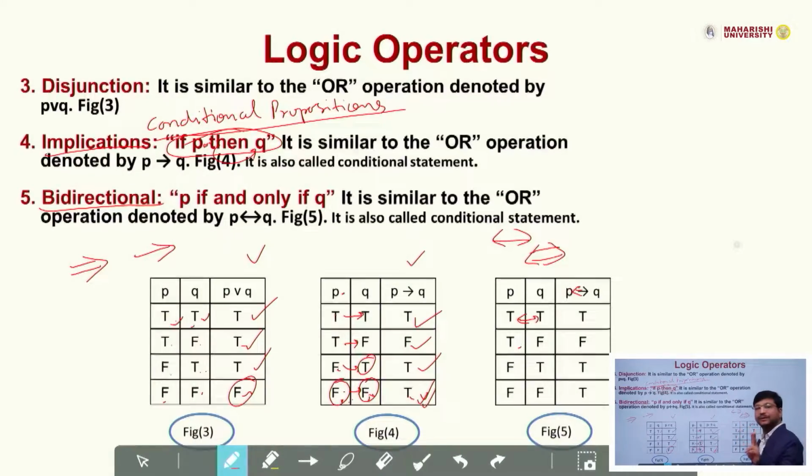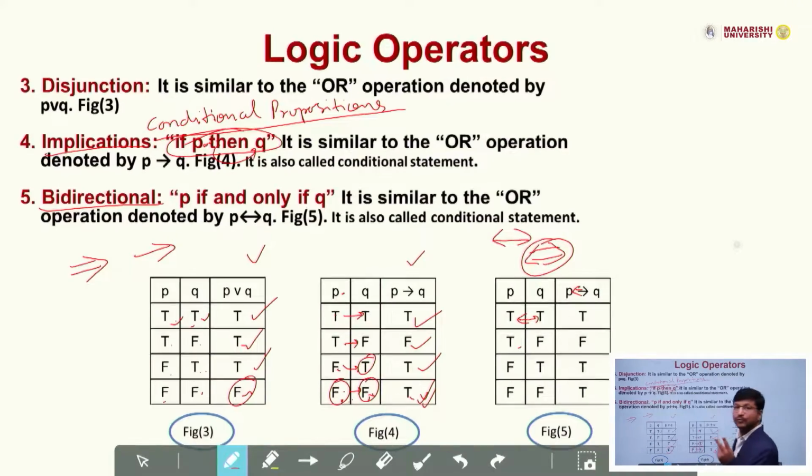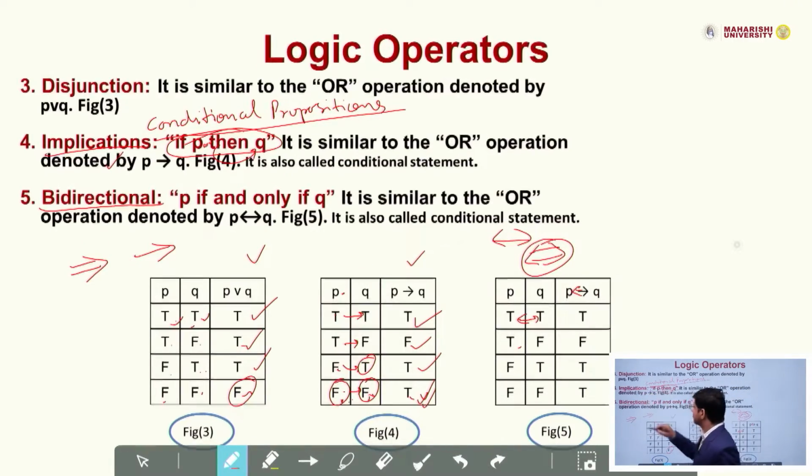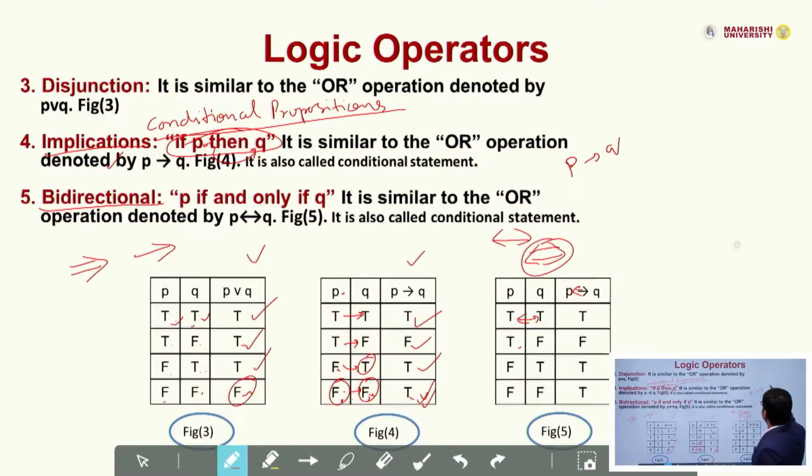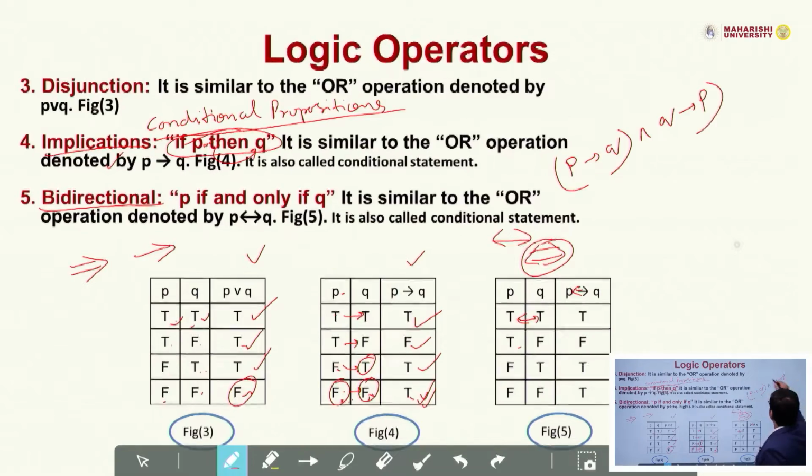Now we have to consider both things. It is nothing but the combination of two implications, right? What is the combination? P implies Q and Q implies P.